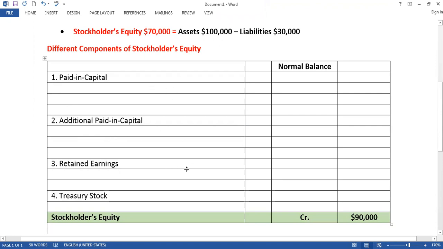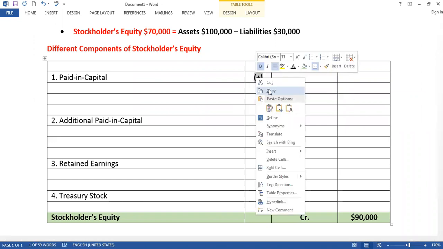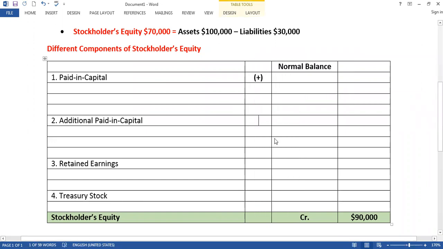Now look at their sign. So this is plus sign. This is additional paid in capital plus sign, retained earnings plus sign, and treasury stock minus sign.